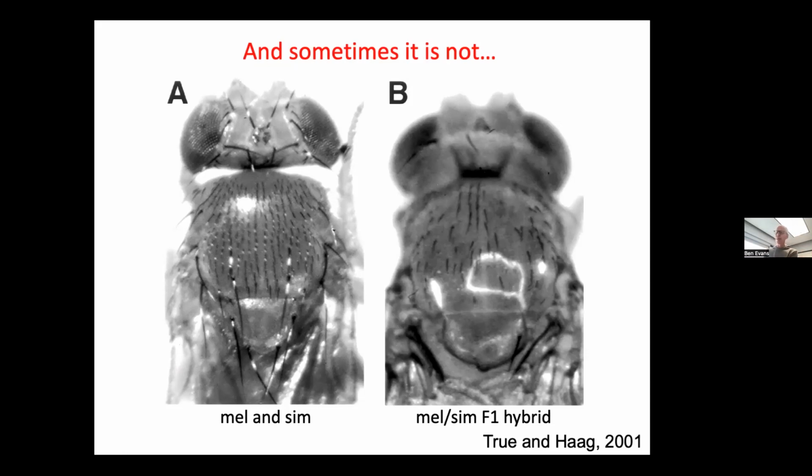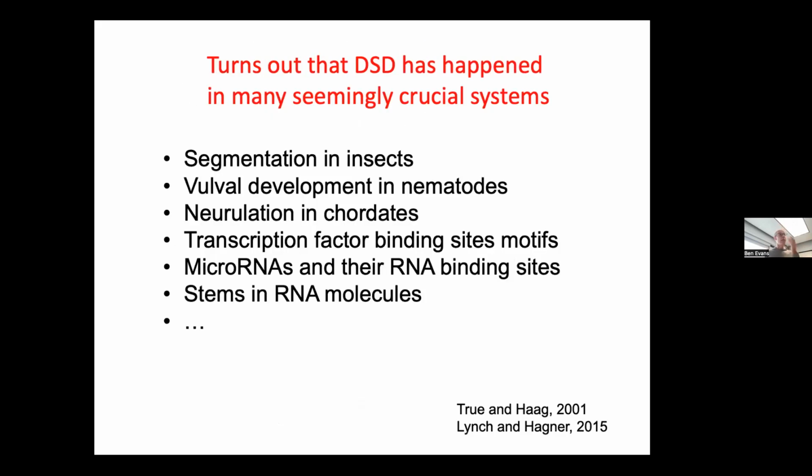And so this is an example of a process that we call developmental systems drift, which is when you have two species that have similarities in some trait, but the genetic architecture that underpins that trait is actually different. And we see developmental systems drift operating throughout a variety of phenotypes across diverse organisms.